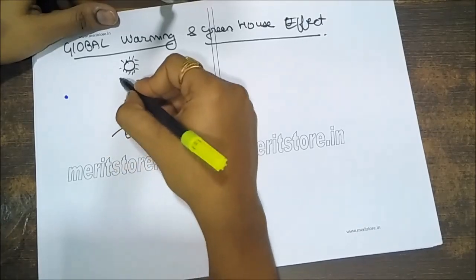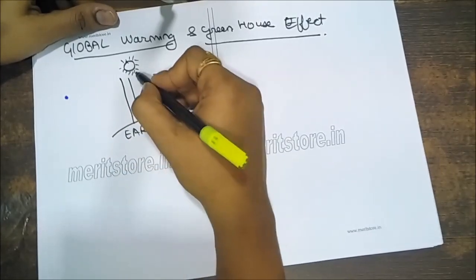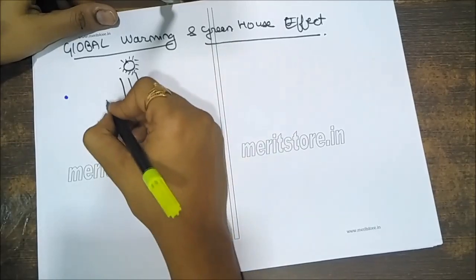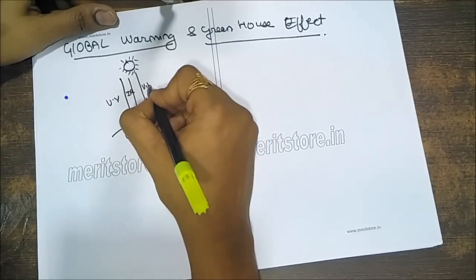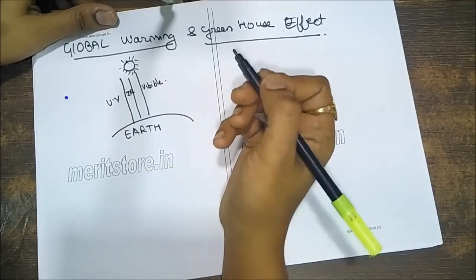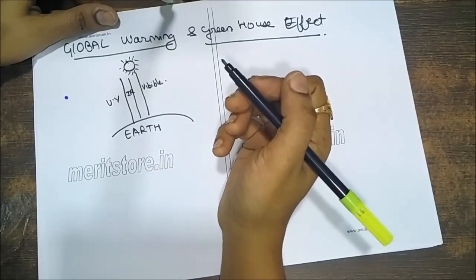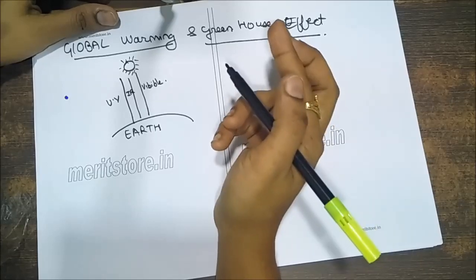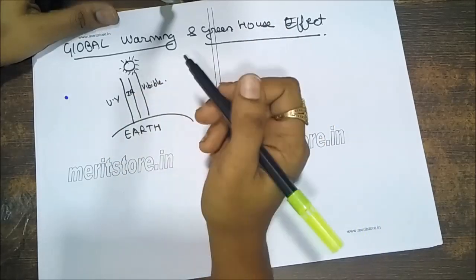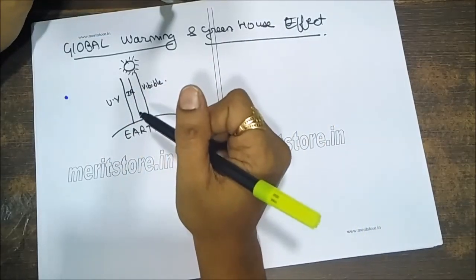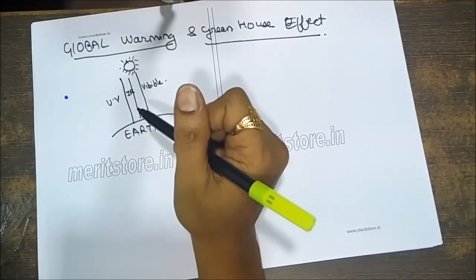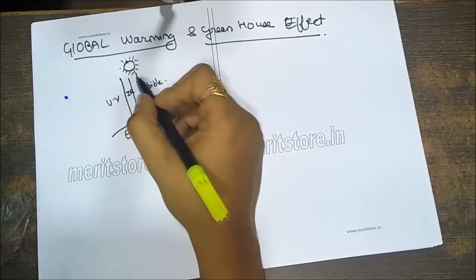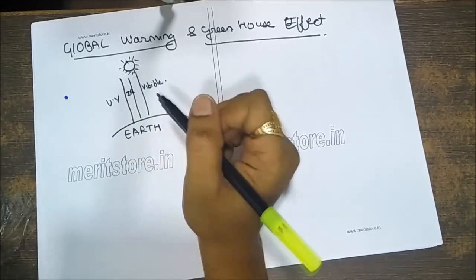So from the sun, there are different types of rays coming. So there are UV rays, infrared rays, and visible rays. Now, these UV rays are prevented from entering into the earth by ozone. But we know ozone is already undergoing depletion. So now all of these are entering into the earth.